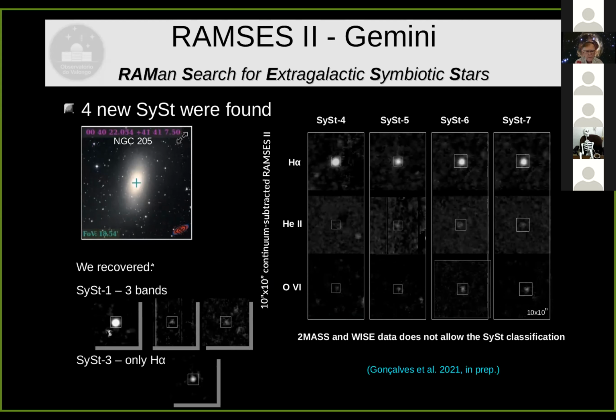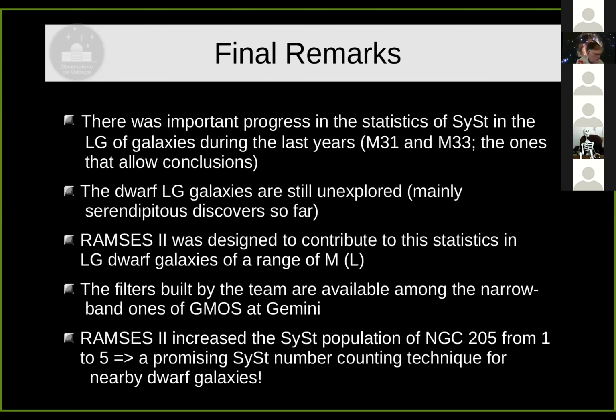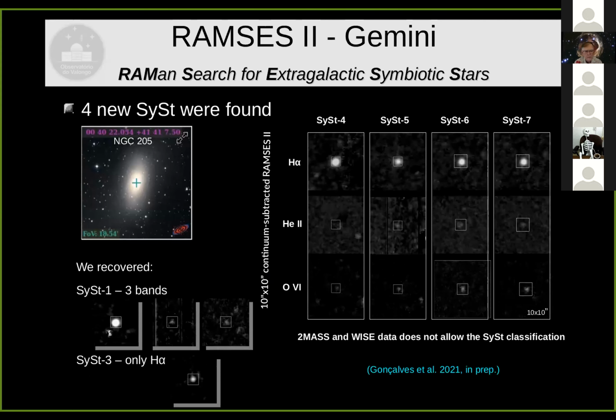Of course, we started by recovering the bright symbiotic system 1 from the previous paper in H alpha, helium 2, and O6 as well. And in the case of one of the possible symbiotic systems already known, we were only able to see H alpha. The helium 2 is too faint, and we were not able to detect it in that one.